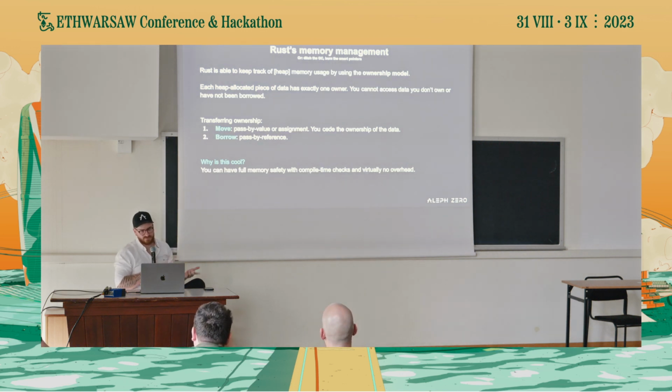To understand what it is, we have to take a step back and talk about Rust's memory management. So basically how this works is you have this ownership model. So everything you allocate on heap has exactly one owner. And, well, I'm just reading the slide now. You cannot access a piece of data unless you own it or have been borrowed it, right?